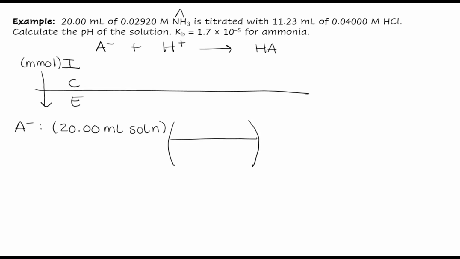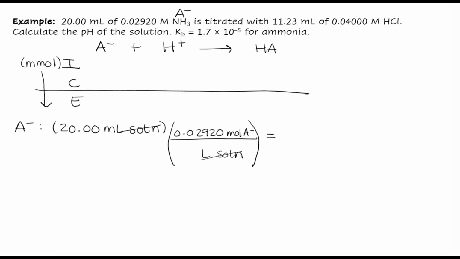Our A-, again, is the notation that I'm using for the conjugate base. So the molarity of that is 0.02920 moles of A- over liters of solution. Liters of solution will cancel, and we'll be left with milli and moles.